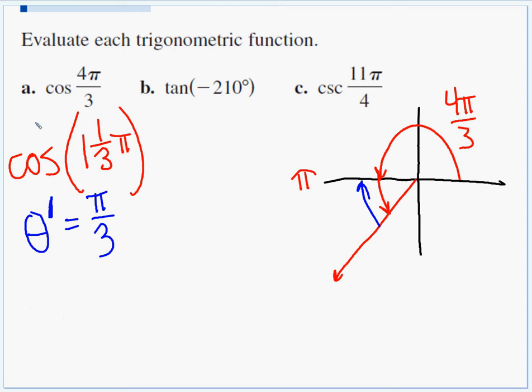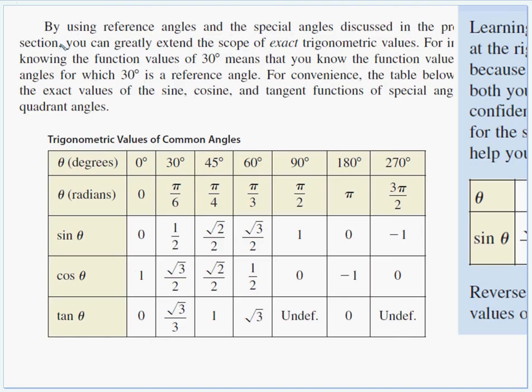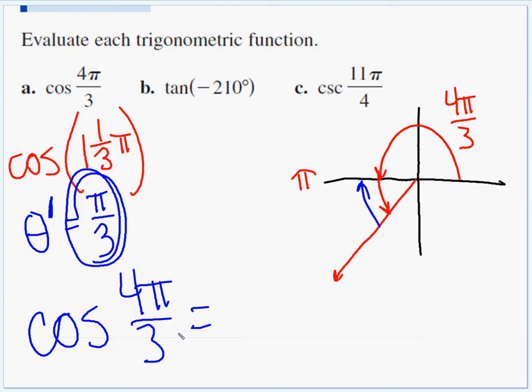So we want the cos of 4/3 pi. Cos of 4 pi over 3 is equal to, well, let's go to our table and find the reference angle, cos of pi over 3. Well, here's cos. Here's pi over 3, so the value is 1/2. Let's figure out if that's a positive or negative half. So let's go back to my quadrants over here.